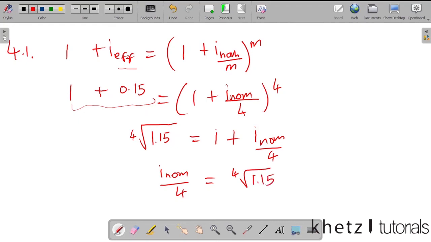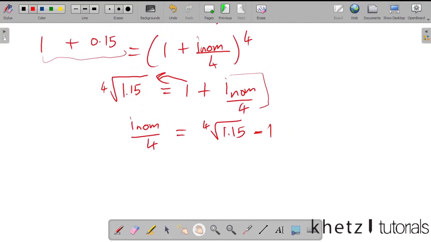So I just basically took this to the other side and swapped. It should be on this side, I know, but I just wrote it on this side because the stuff is equal. So I just took the 1 to the other side of the equal sign and you should get that. And your I nominal will therefore be 4 multiplied by the fourth root, or whatever that is called, minus 1.